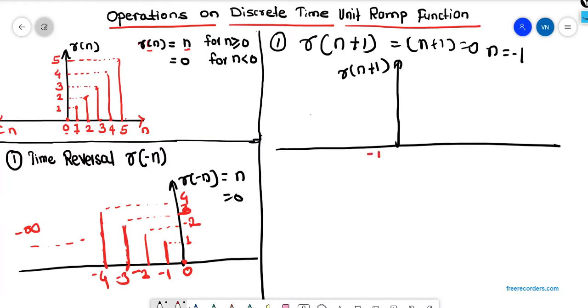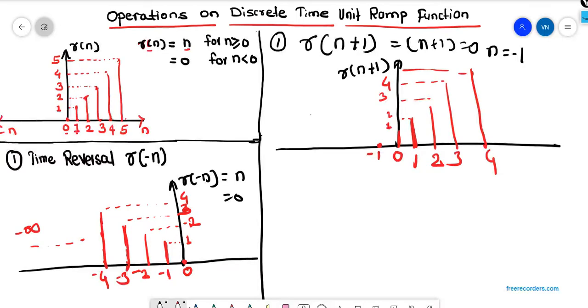Whatever the amplitude for 0, now that amplitude will be for minus 1. So minus 1 has a 0 amplitude, 0 has a 1 amplitude, 1 has a 2 amplitude, 2 has a 3 amplitude, 3 has a 4 amplitude, 4 has a 5 amplitude. So that signal is only shifted by minus 1, that's it, up to infinity.